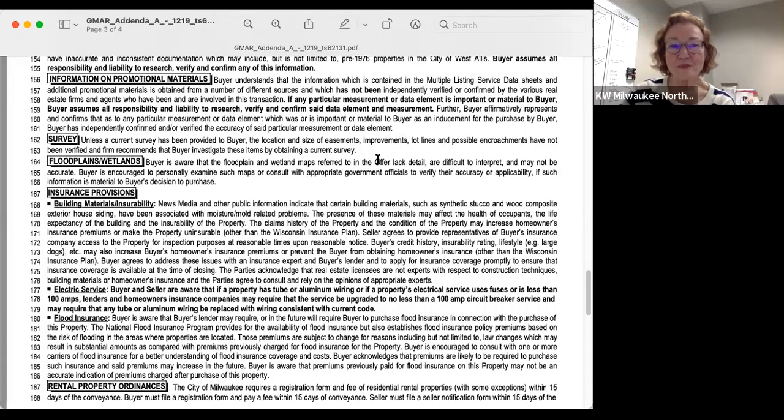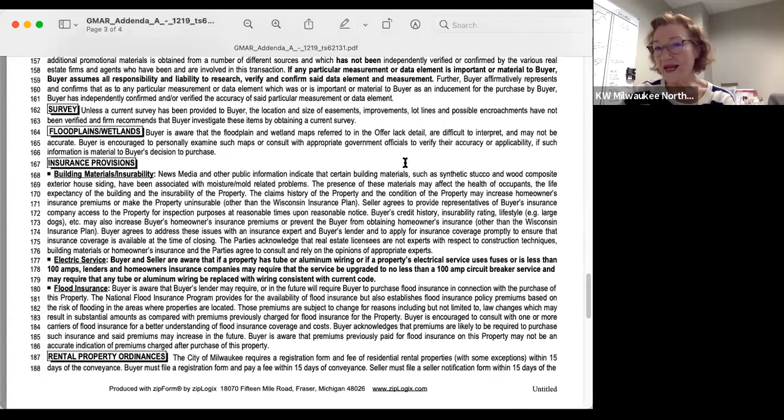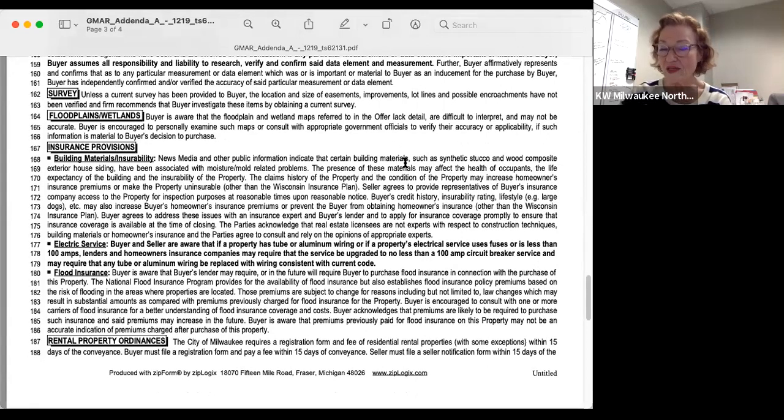Unless a current survey has been provided to the buyer, the location and size of easements, improvements, lot lines, and possible encroachments have not been verified, and the firm recommends that the buyer investigate these items by obtaining a current survey. We do not have a requirement from the seller to provide a survey unless you put it in your offer. If you put it in your offer, you might get a lot of pushback from the seller.